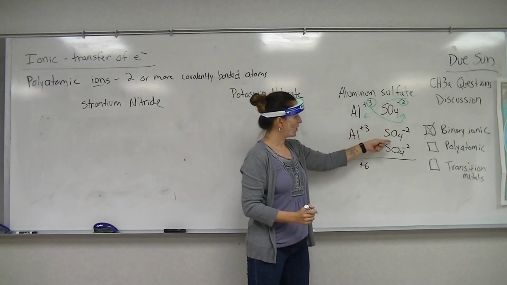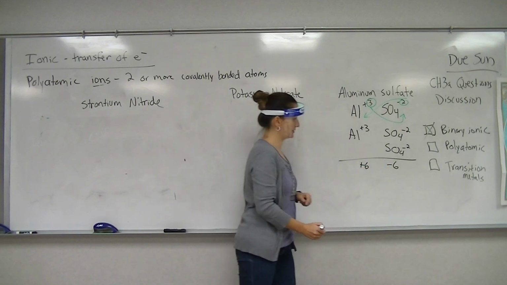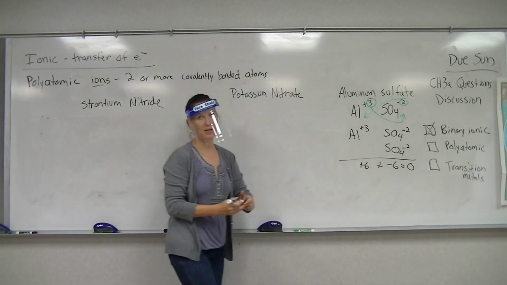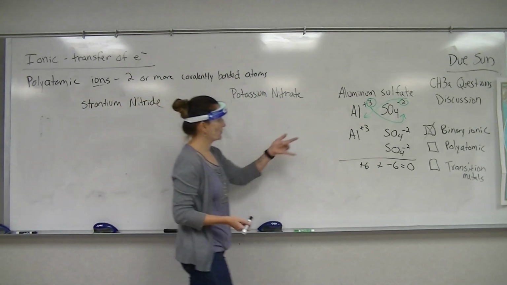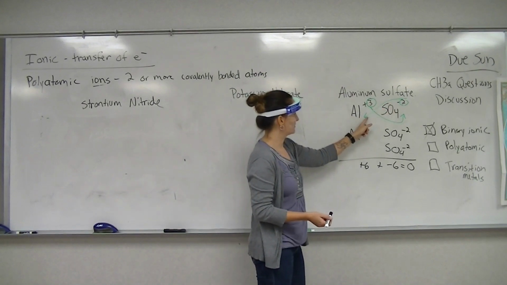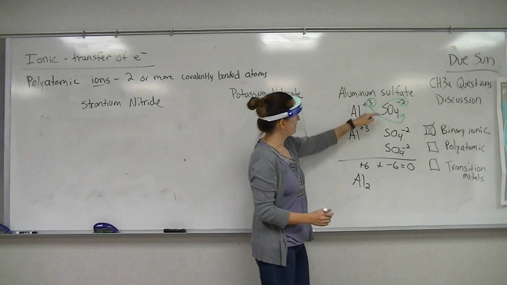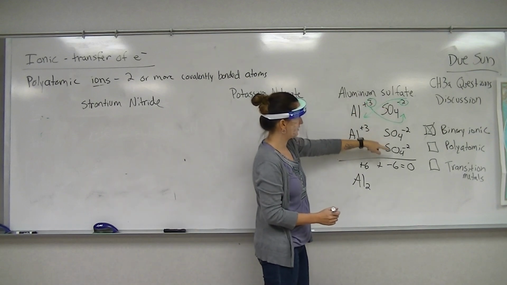If I had 3 sulfates, each with a -2 charge, I would have a total of -6. So those charges cancel, and it's an overall neutral compound. Both ways give you the same answer, because we just said 2 aluminums. Al2, and then this 3 goes here for 3 sulfates.